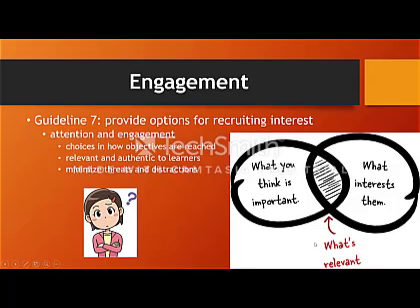Guideline 7, provide options for recruiting interest. Interest is an important part of education because it cultivates attention and engagement from students. Interest can be accrued in several ways: by giving students choice in how objectives are reached, by providing relevant and authentic information to learners, and minimizing threats and distractions within the classroom.